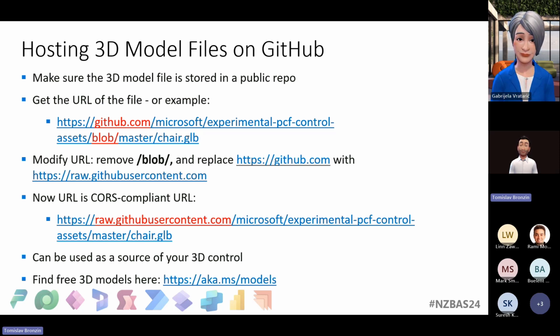We hosted this on the other side, so we can use it without hosting in our OneDrive, because OneDrive always changes the URL, so you cannot have it for your application. But we use the same 3D models from the GitHub that I already use, the aka.ms/models, and we just replace this blob within.